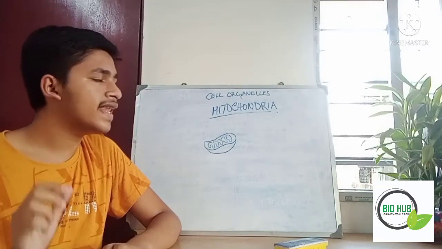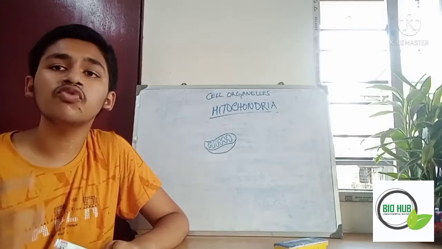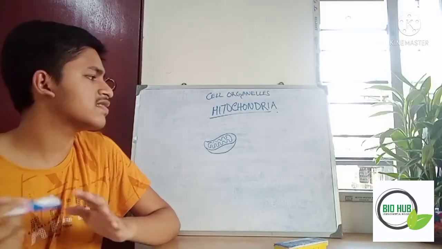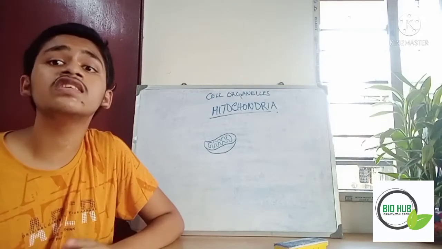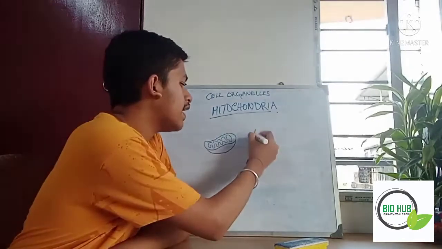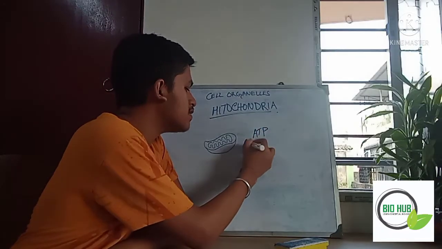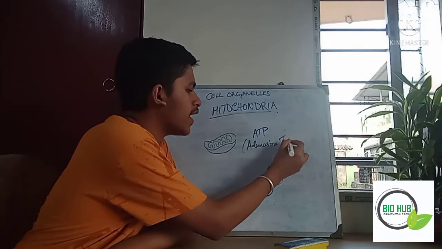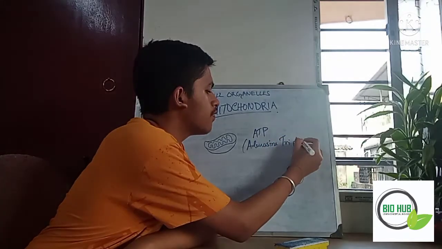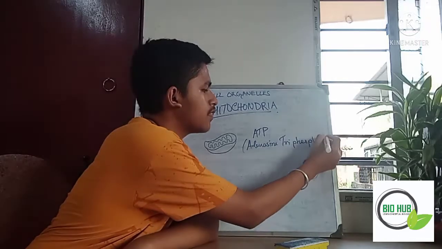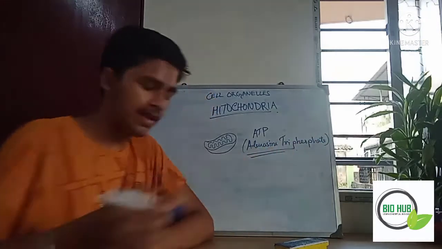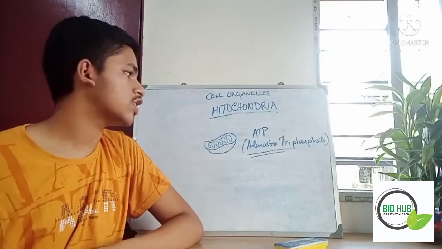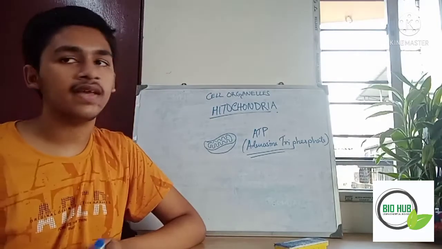Mainly in mitochondria, the food is oxidized in the presence of oxygen and energy is released in the form of ATP, that is adenosine triphosphate. So mitochondria help in the oxidation of food and release of energy in the form of ATP, from where we get energy.